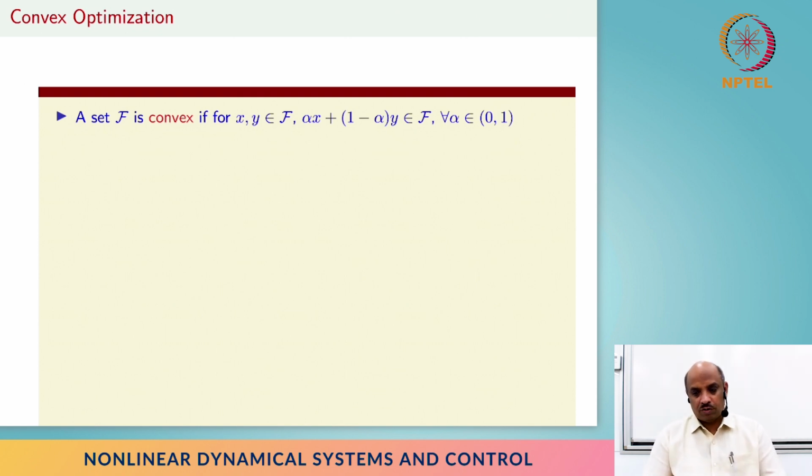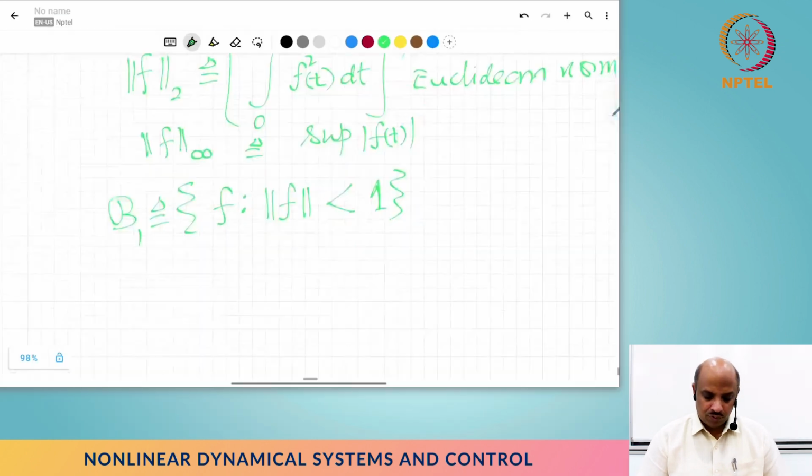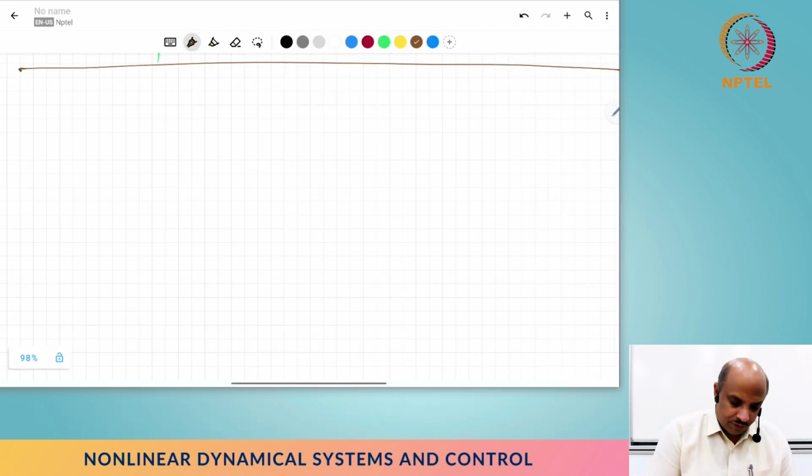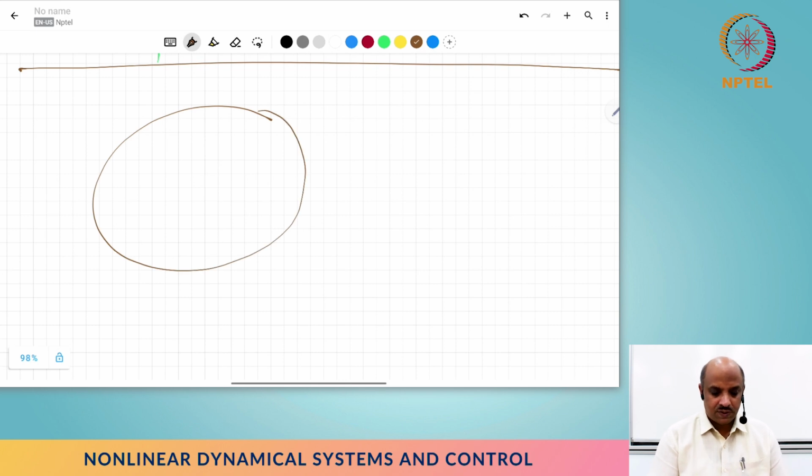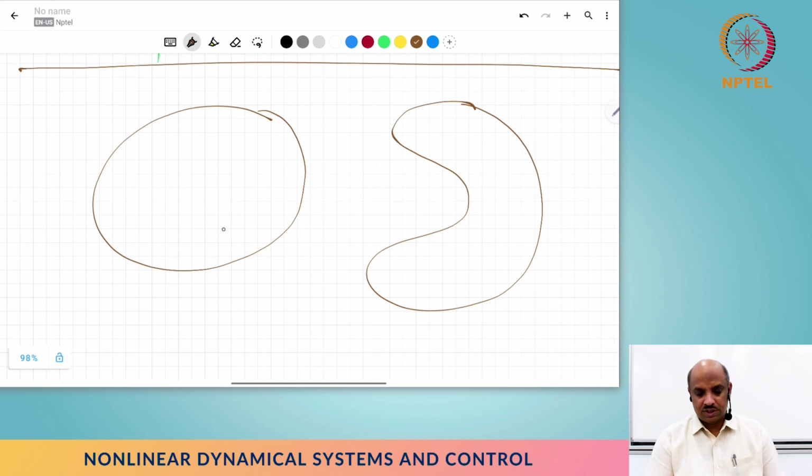So anyway, before we go further in this, let's talk about convex optimization a little bit. Let me write a few things. Let's say I have a set like this versus this, right? I'm going to say this is a convex set, but this is not. What is the definition of a convex set?